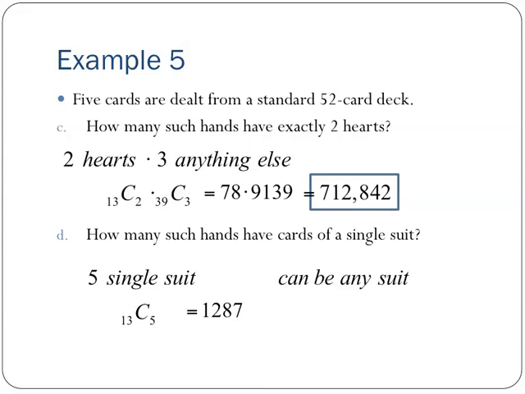So since it can be any suit, we take what we found for a single suit, 1,287, and multiply that by 4, because there are 4 suits in a deck of cards. So 4 times 1,287 is equal to 5,148. So there are 5,148 hands that are cards of just one single suit.